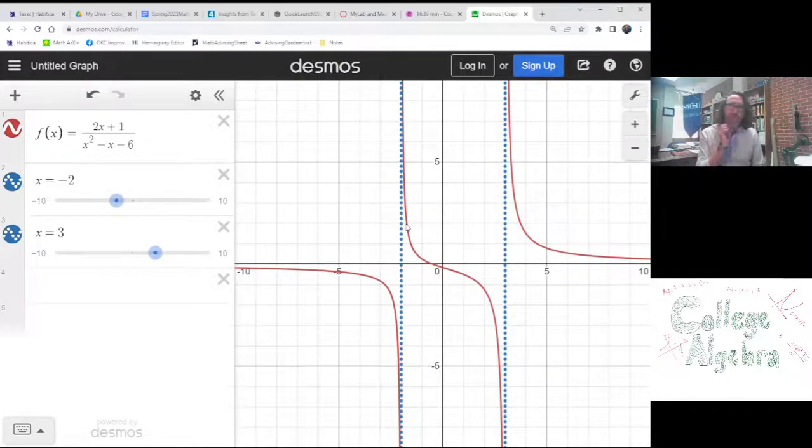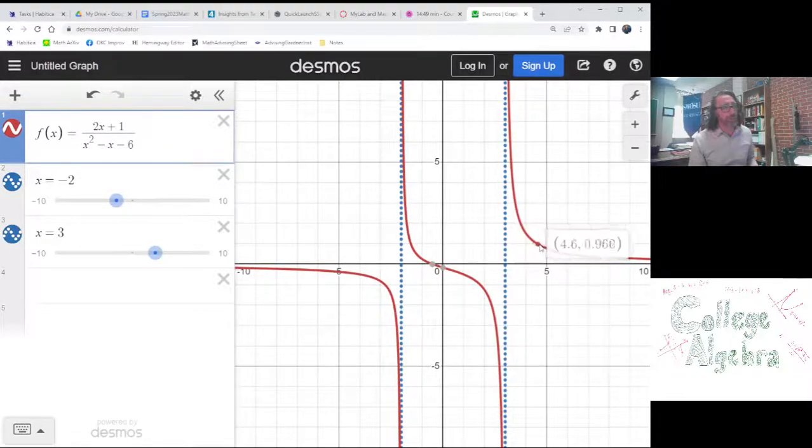In this video, I wanted to talk about horizontal asymptotes for these rational functions. And we can see here, this function's graph flattens out rather quickly at the line y equals 0. The bigger x gets, the closer y gets to 0 as we go off to the right.